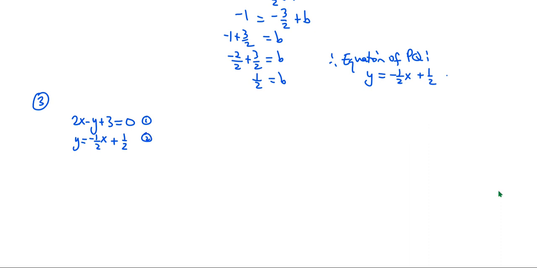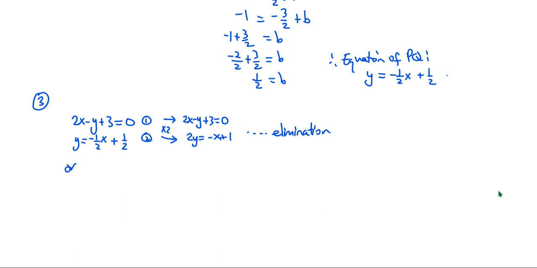Okay, now we can do a number of things. We can take the second equation and multiply it by 2 to clear the fractions. That's one thing we can do. And get 2y equals negative x plus 1. And then keep the other one the same. 2x minus y plus 3 equals 0. We could do that.